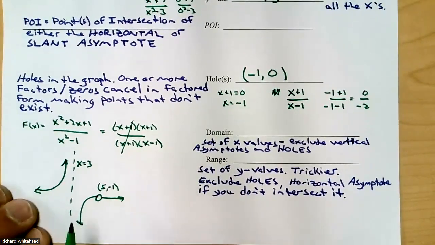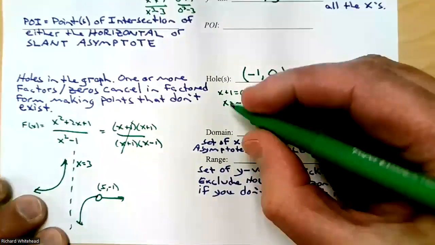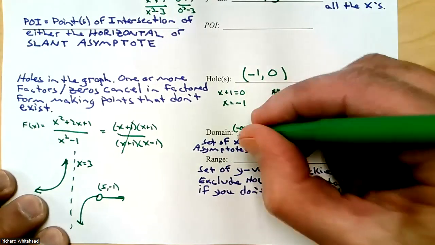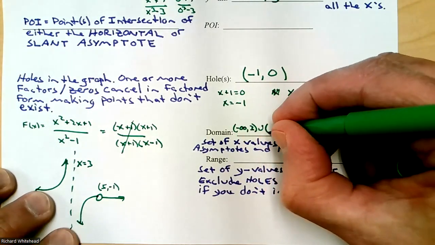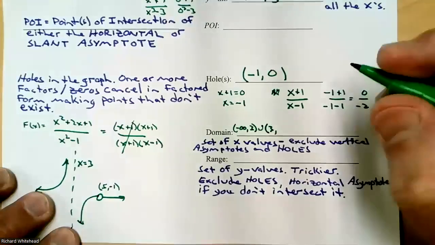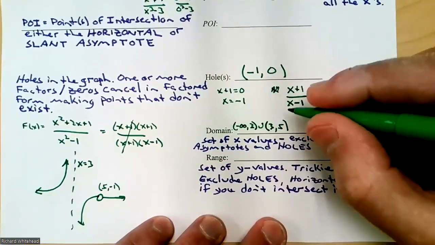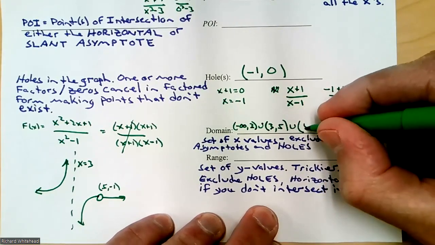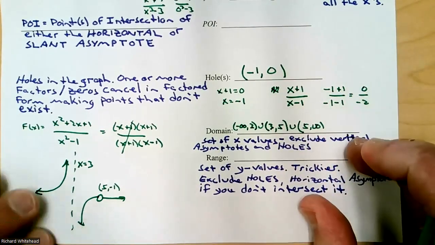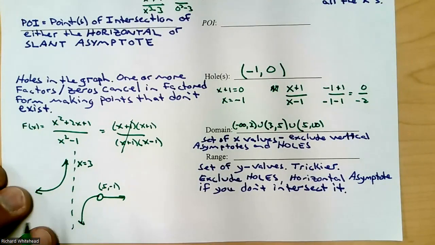So we would have to exclude the 3 and the 5. So the domain would be -infinity to 3, but we have to exclude it because the vertical asymptote's not part of the graph. And now the hole in the graph, the 5, is not part of the graph either, so we have to exclude it. So we'll always be able to find the domain. Every problem we'll be able to find the domain. So those will work out.